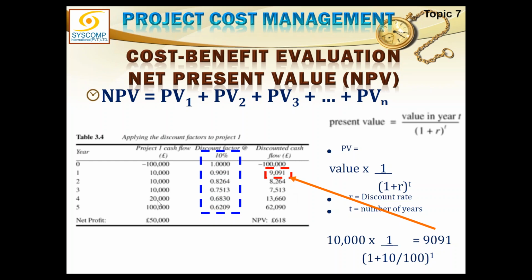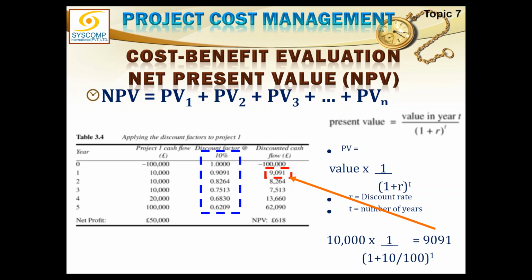This 20,000 after 4 years will become today's 13,660. And 1 lakh rupees, which is coming in the 5th year, is only worth 62,090 rupees. If I add all these present values up, my net present value is only 680.